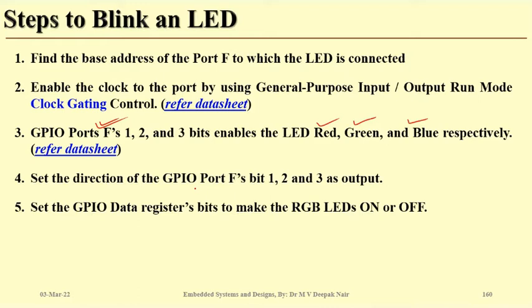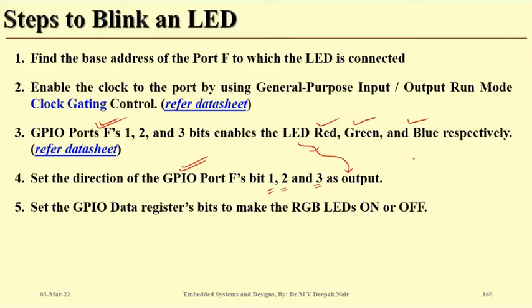Then you have the direction register, which will tell whether the pins you are focusing on, for example the pins for the LED, are going to be output or input. Because LED is an output device, we will configure bits 1, 2, and 3 as output.